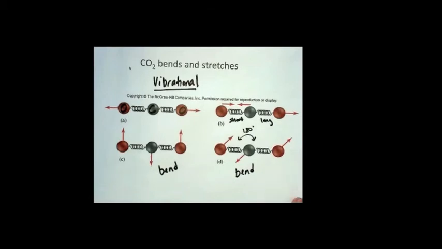For example, one is translational, and that's moving in space from one point to the other. We think of gases and liquids being able to move all around, translating from one place to another. So we call that translational motion. Another type of motion is called vibrational motion, in which the atoms are vibrating, stretching and bending relative to one another.